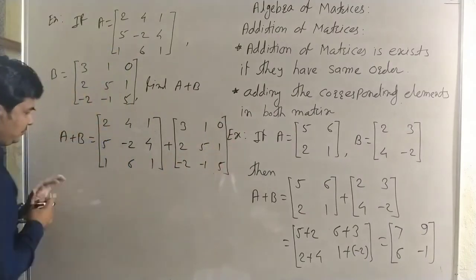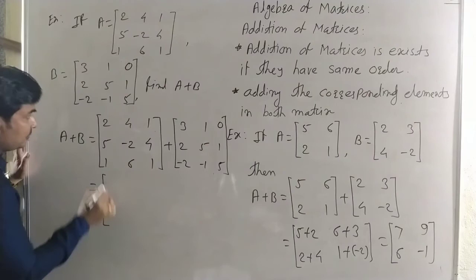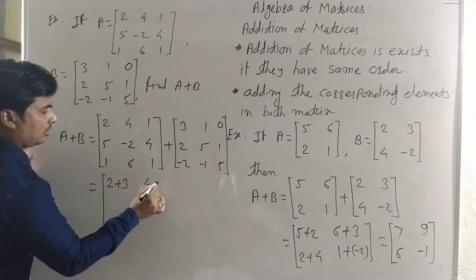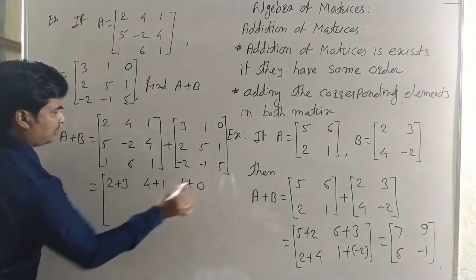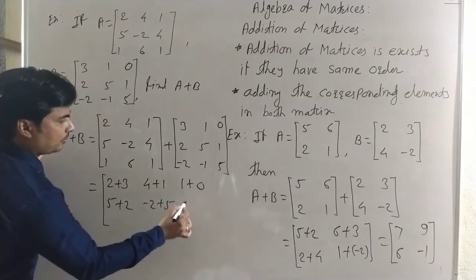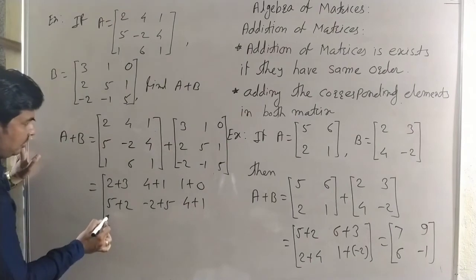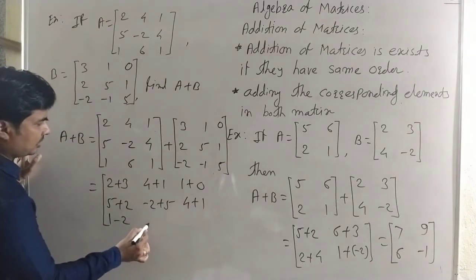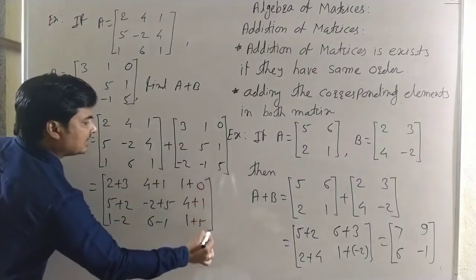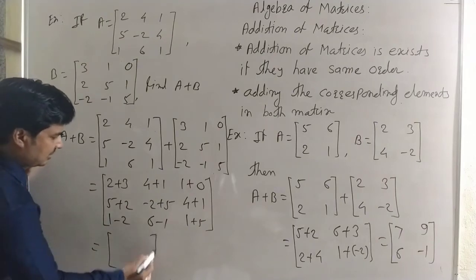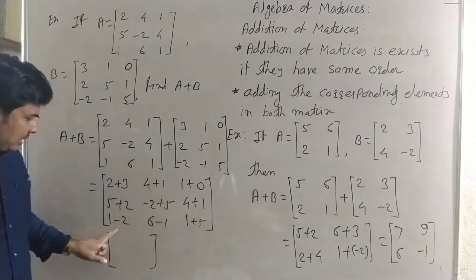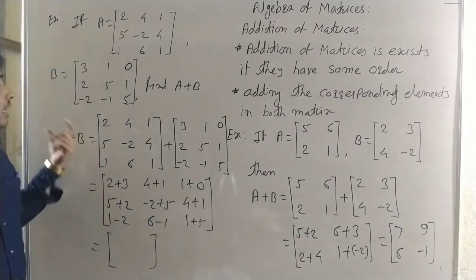Now adding these two, adding the corresponding elements: 2 plus 3, 4 plus 1, 1 plus 0, 5 plus 2, minus 2 plus 5, and 4 plus 1. 1 minus 2, then 6 minus 1, and 1 plus 5. The resultant matrix is 5 5 1, 7 3 5, minus 1 5 6. It is A plus B.